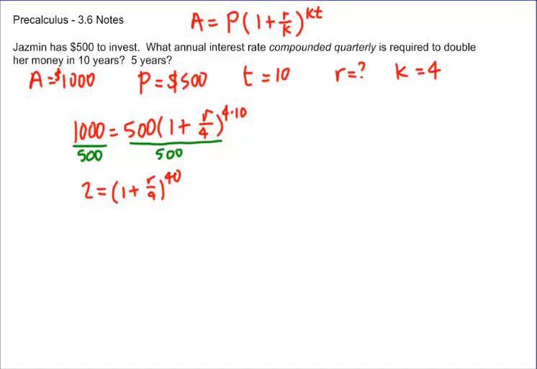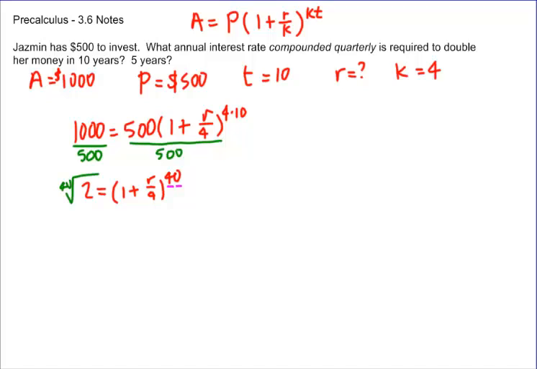The other thing that we can do is try and get that R out from inside the equation. And notice that right here, I've got a 40 for my exponent. So I can take a 40th root of both sides, which is really going to be gross looking, but it's totally doable in this day and age.